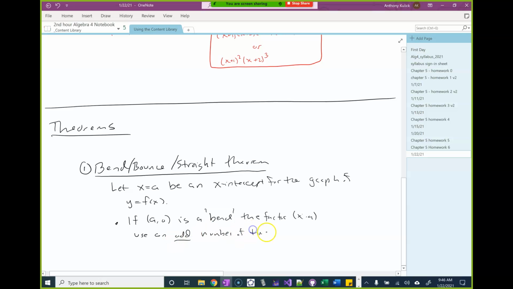So if (a, 0) is a bend, then that factor x minus a is used an odd number of times, greater than or equal to 3. So what the heck do you mean by a bend?